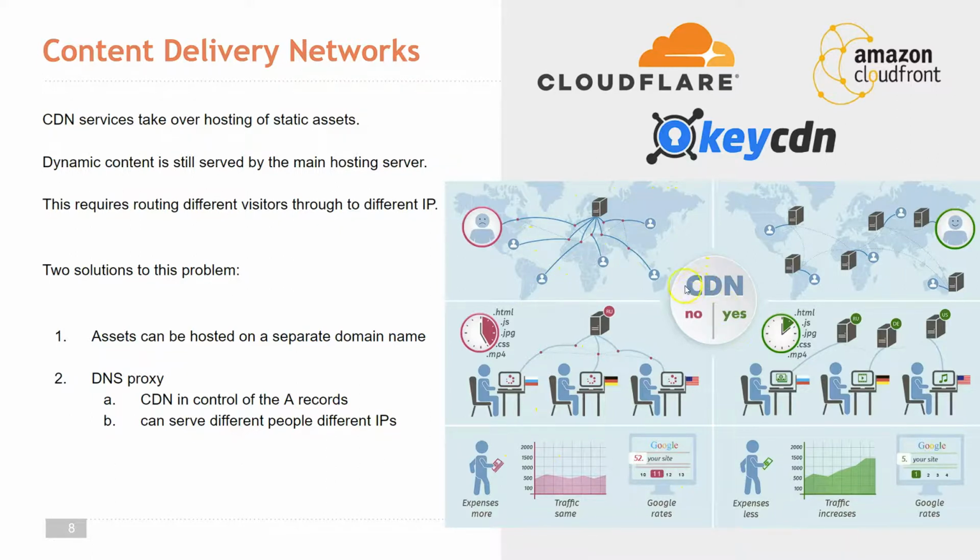So that's when the CDN, content delivery network, kicks in, and what it does is it takes over the hosting of static assets. So that's your images, your JavaScript, your JPEG, CSS, your videos. It is going to take a copy from the central server, and it's going to host a copy of all these files across multiple servers all around the world.